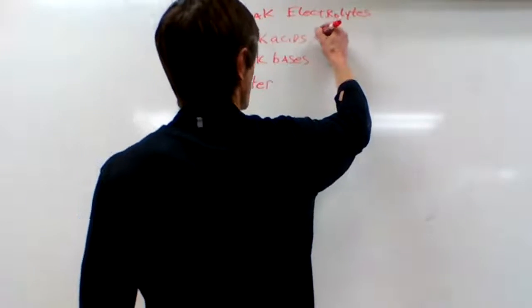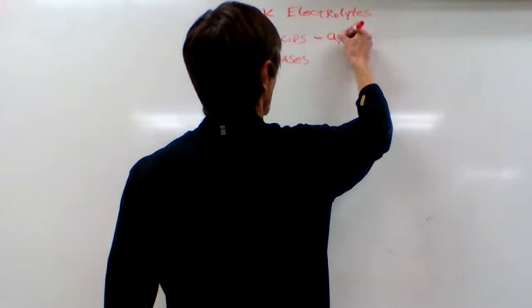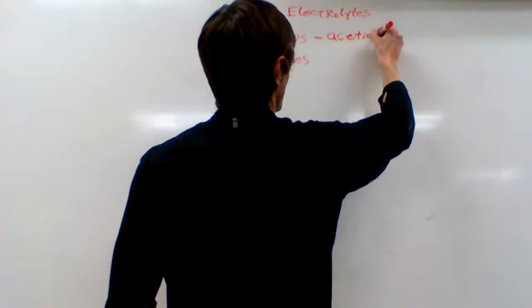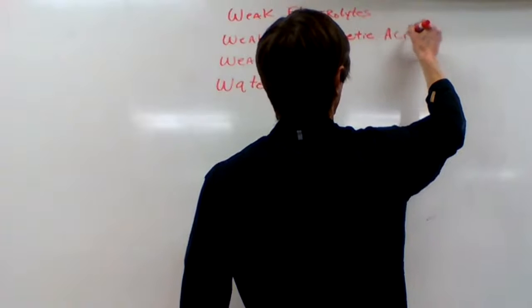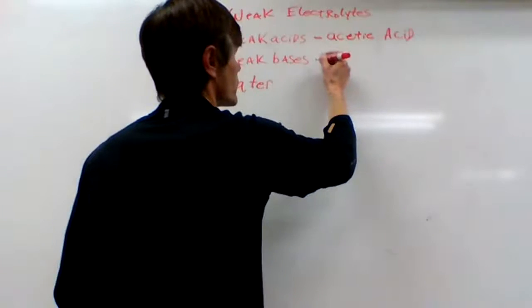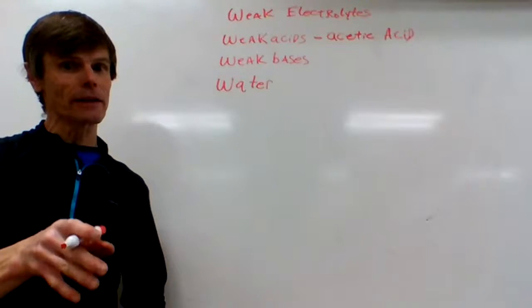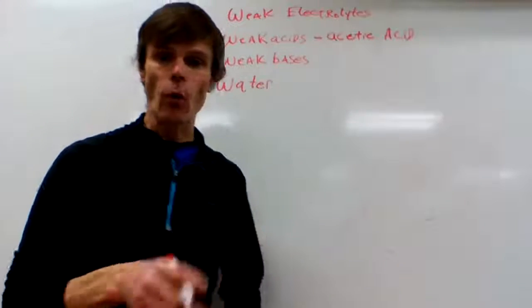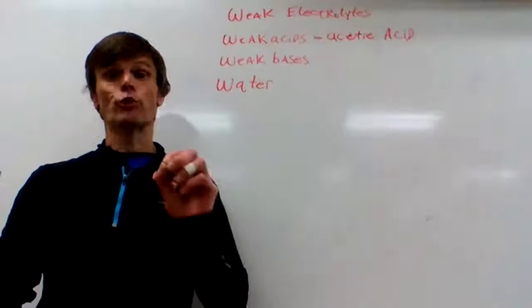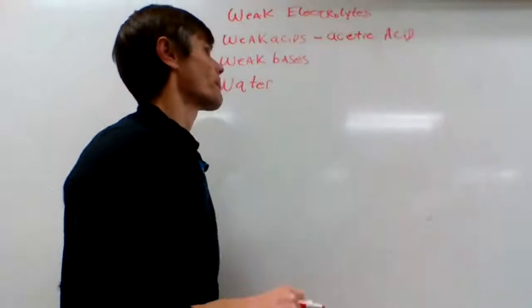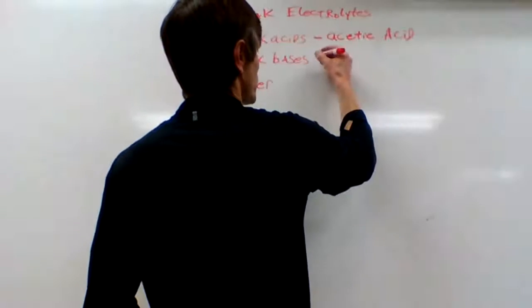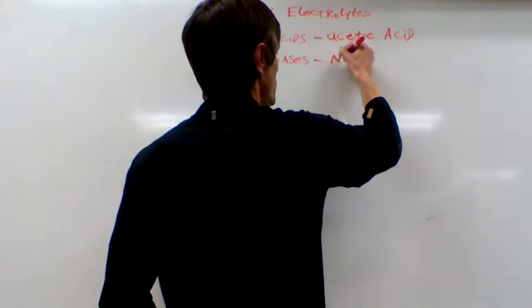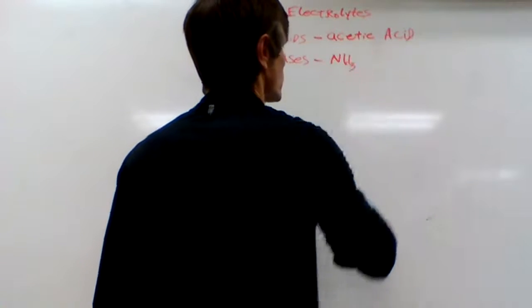Acetic acid is a weak acid. It's not on our list. If we put acetic acid into water, it only breaks up to a small amount. Weak bases: ammonia is a weak base.